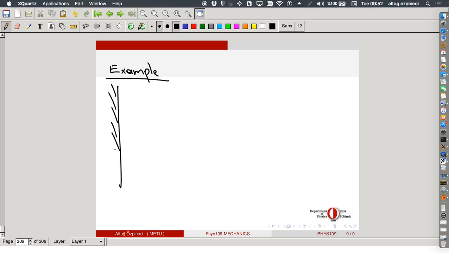Suppose we have this wall and there is a rod attached to it. It has a length L, total mass M, and it is uniform. And it is free to rotate around this point.